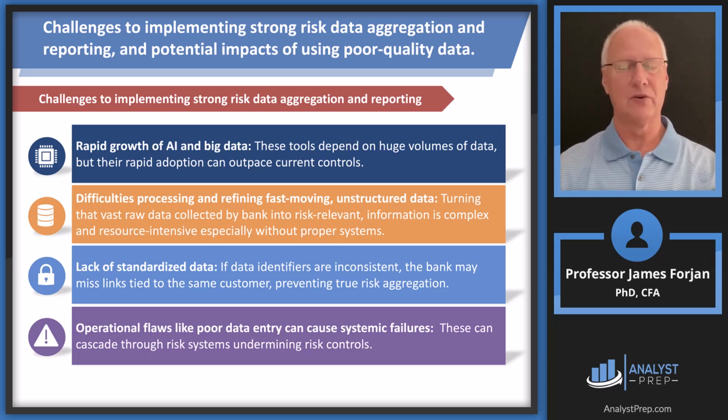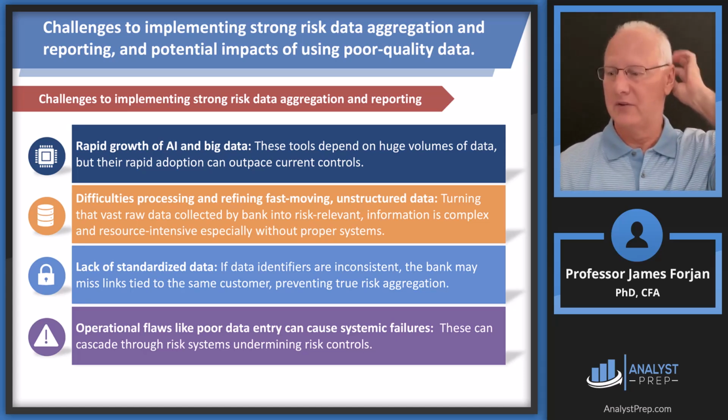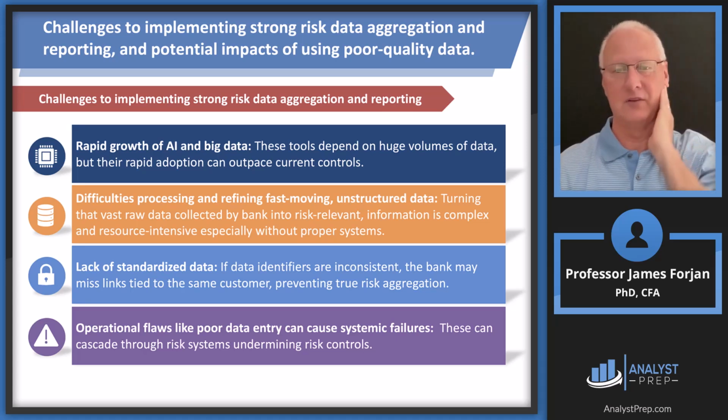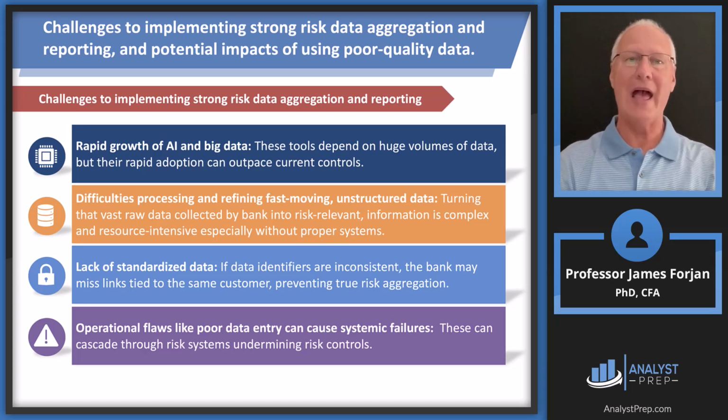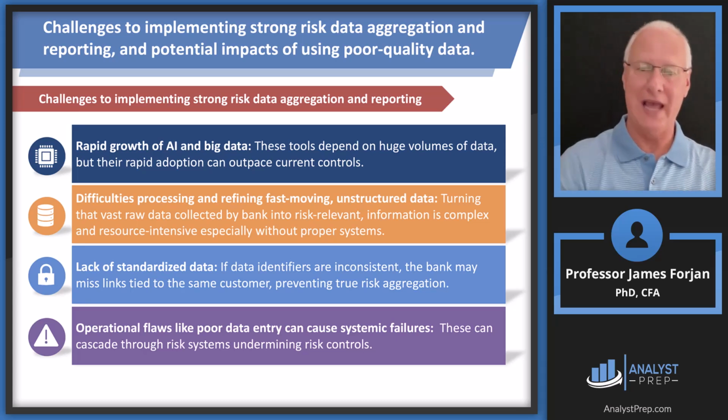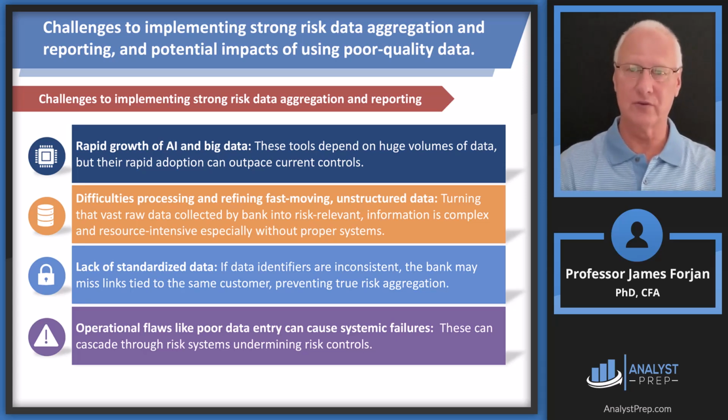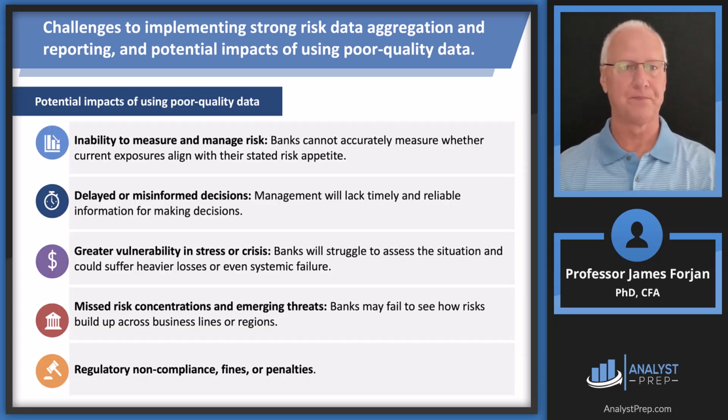And then operational flaws. Remember, GARP is really big on operational risk, which I'm paraphrasing here, is just failed processes, inadequate processes, people or systems or any of those kinds of things. So even if we have this strong risk data aggregation, you can have operational risks that can cause failures.